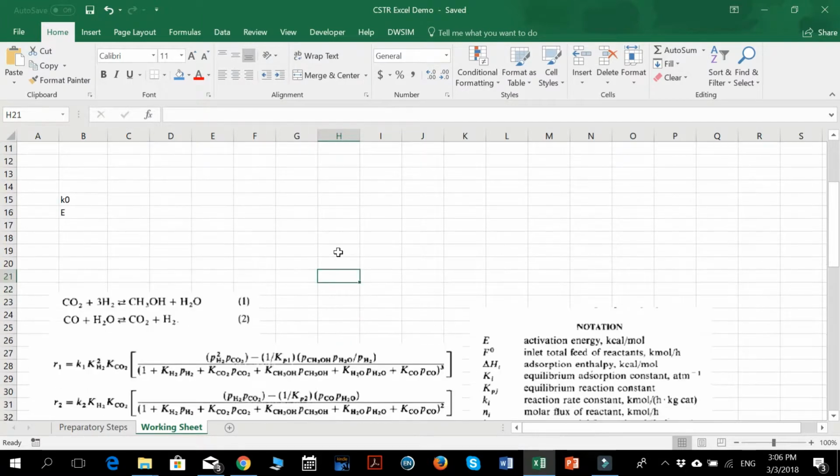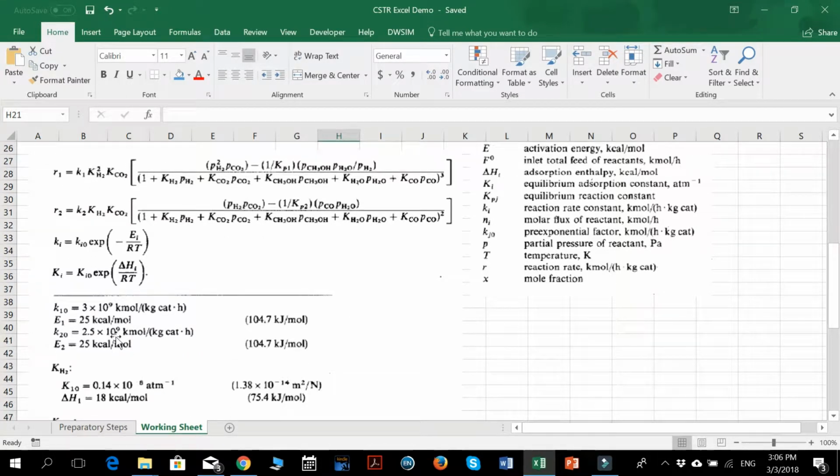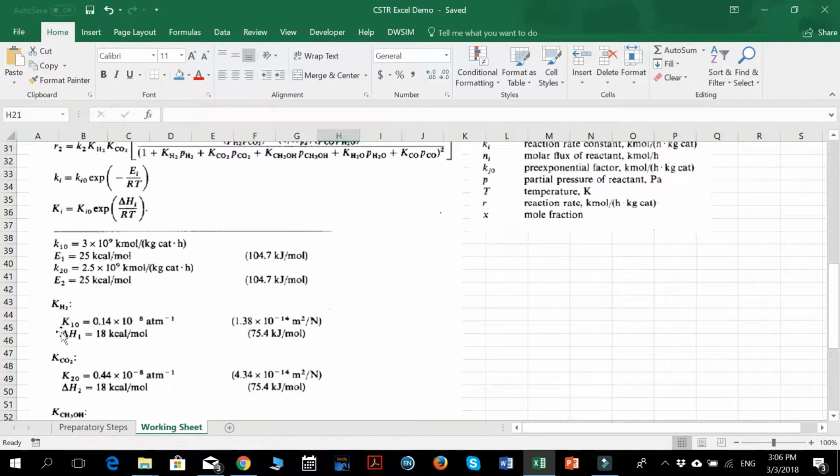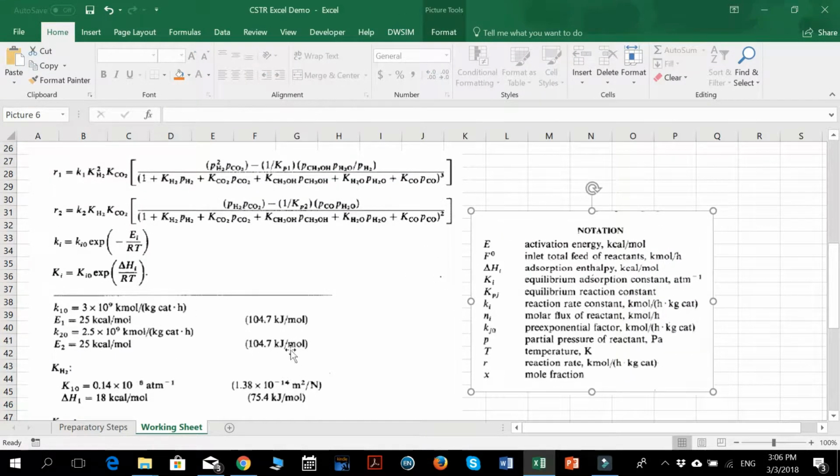So yeah, let's get on with kinetics. What's in the kinetics part? Now we have the K1 and K2 as well as the adsorption equilibrium constants. You can take a look at the notation here. It says equilibrium adsorption constant, which is this big KH2, KCO2.